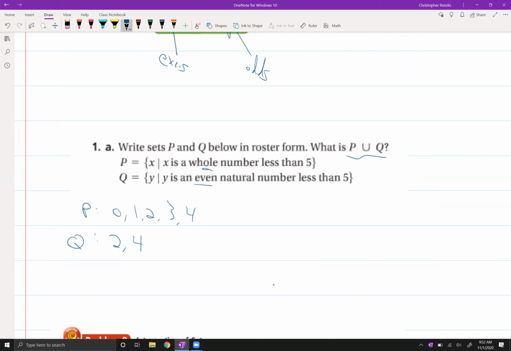If we want the union, that means we want all these things together. So it's actually just the set of P: 0, 1, 2, 3, 4. That would be the union of P and Q. I'm going to put some brackets around it. Say that is the union of both.